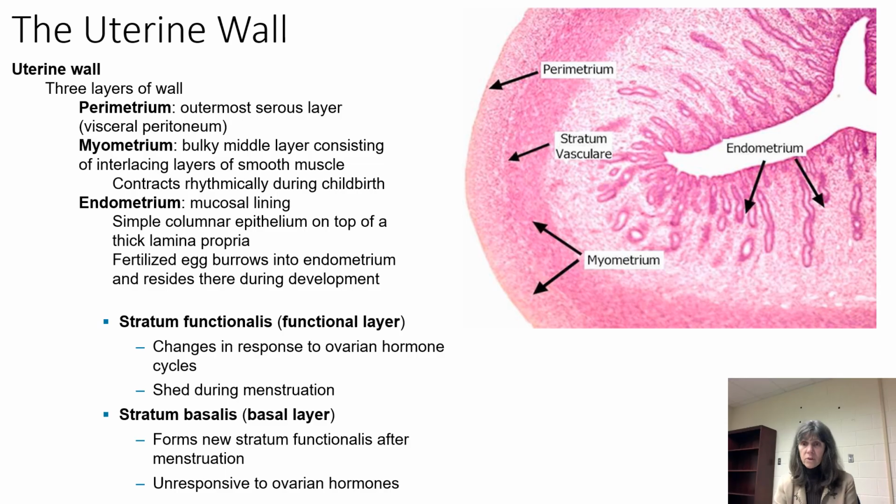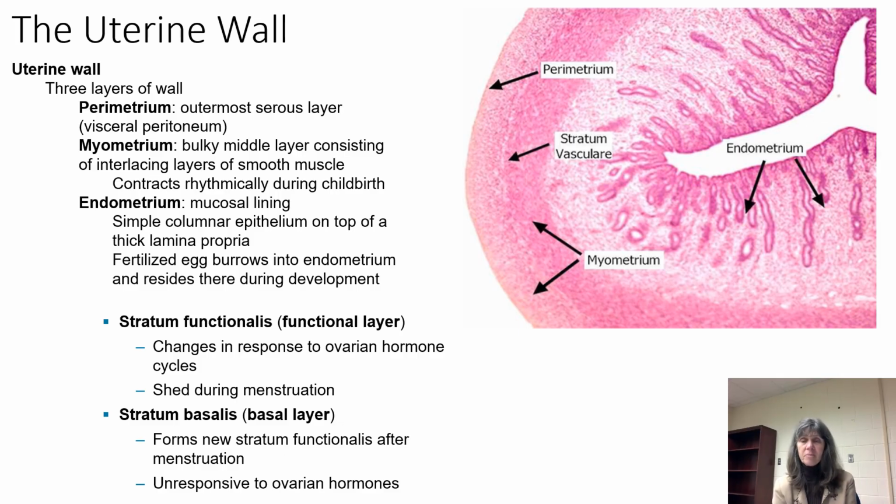We're going to take a look at the wall of the uterus, starting from the outside and working our way in. The three layers of the wall of the uterus include the external perimetrium, which is the outermost serous layer or visceral peritoneum. The myometrium is a middle bulky layer consisting of smooth muscle fibers that have interlaced and will contract rhythmically during childbirth.